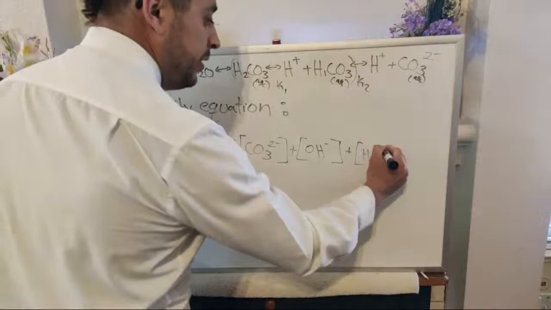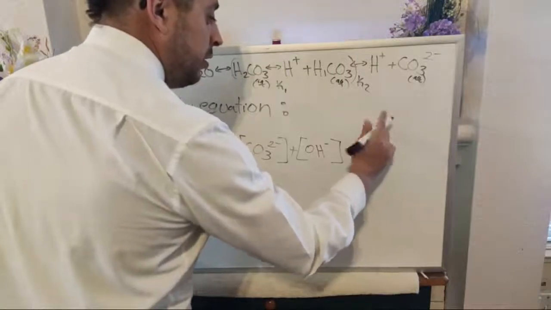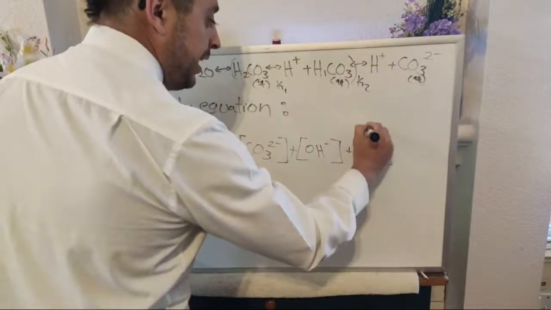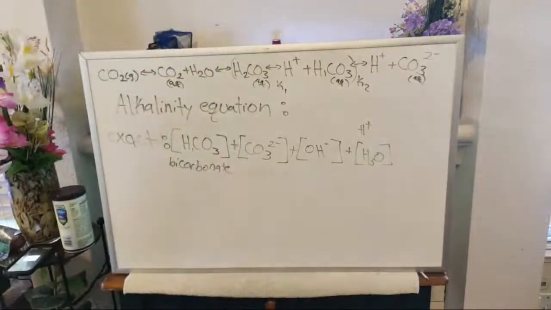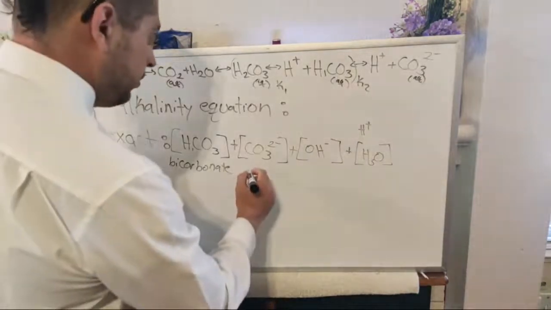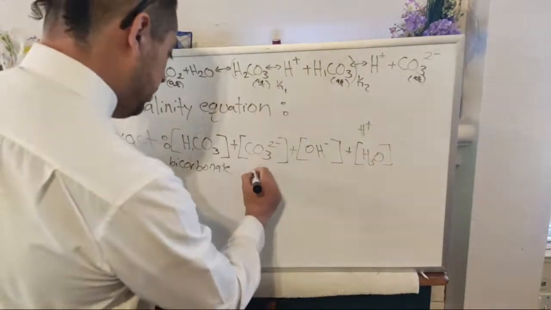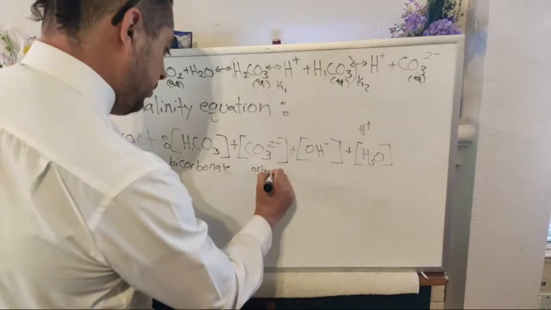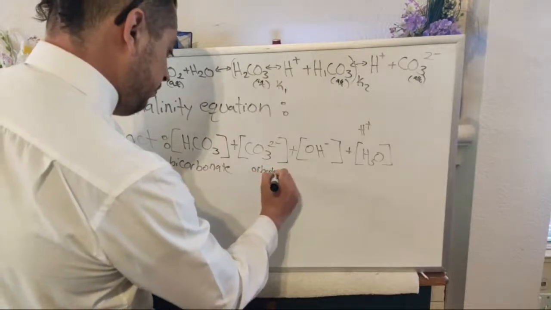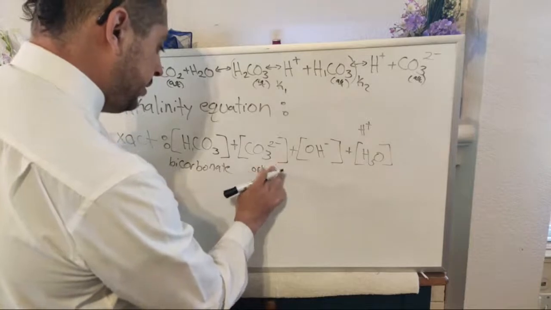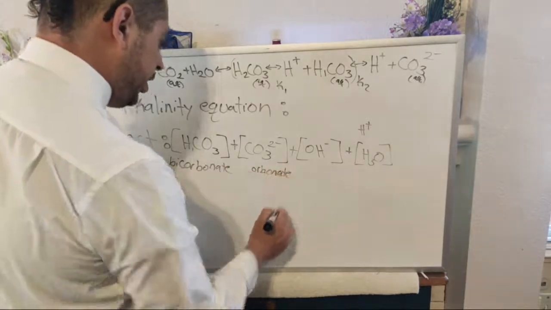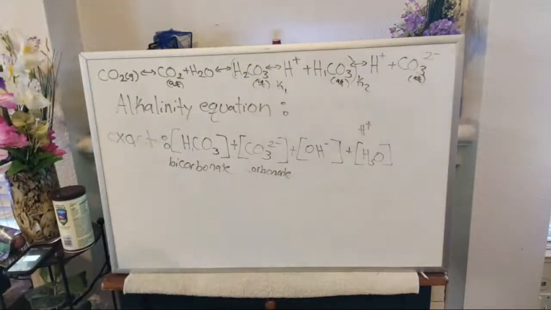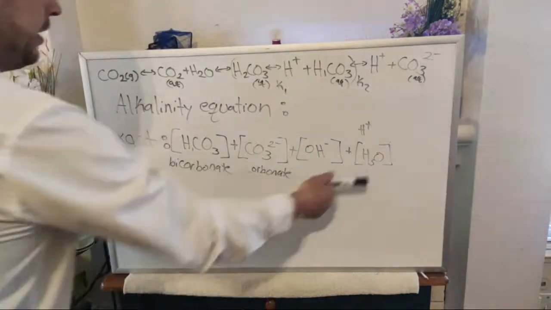Let's go H3O. I like saying H3O, guys. But it's the same as H plus in the water, or protons in the water. Carbonate, there you go. And then that's hydroxide, and then that's H3O.